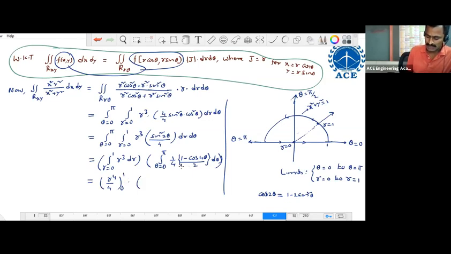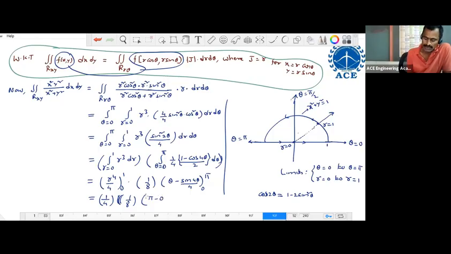1 by 8 into the integral of this, which is theta minus sine 4 theta by 4 from 0 to pi. Then evaluate it. We get the answer: 1 by 4 into 1 by 8, here pi minus sine 4 pi which is 0, minus lower limit 0.